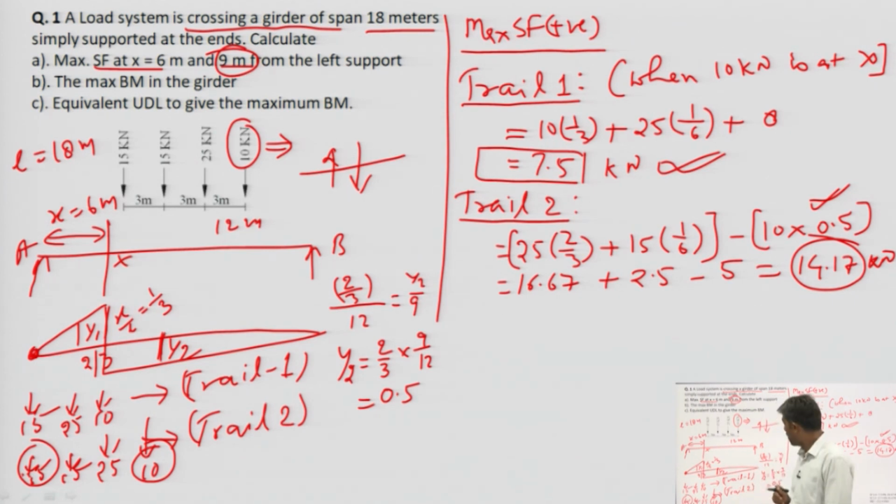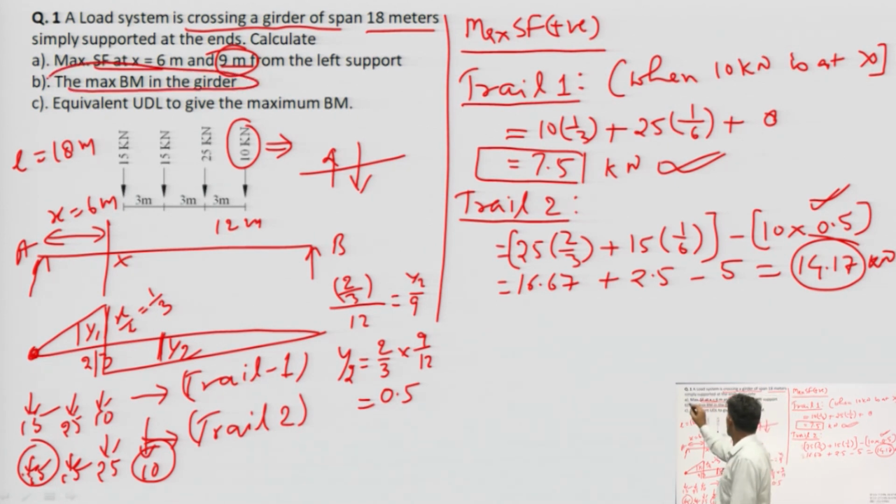This is the calculation for the maximum positive shear force. The negative shear force value will be done in the same manner, and the maximum positive bending moment, same procedure as we did in the previous class.